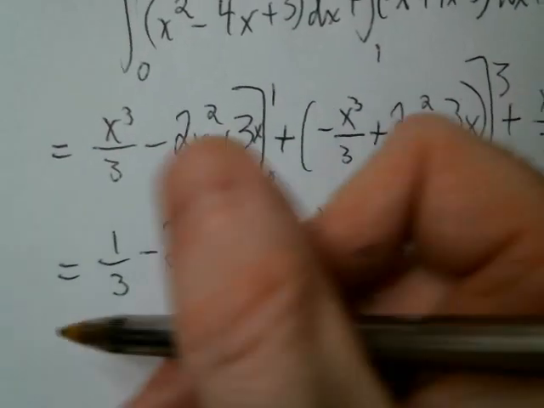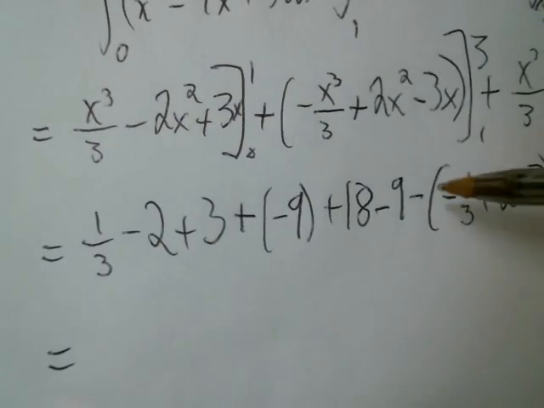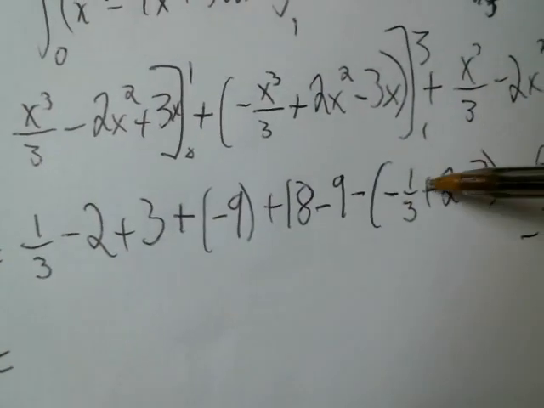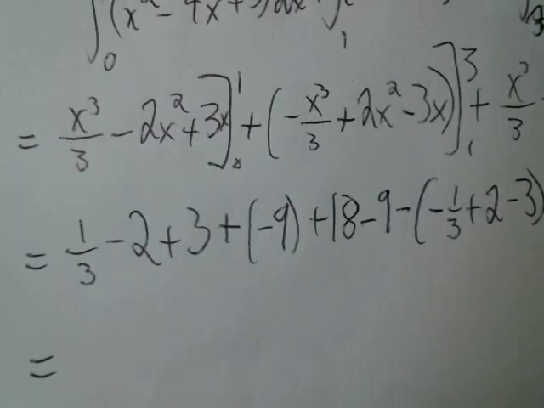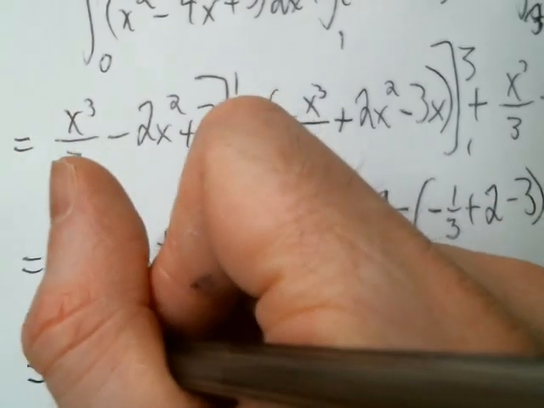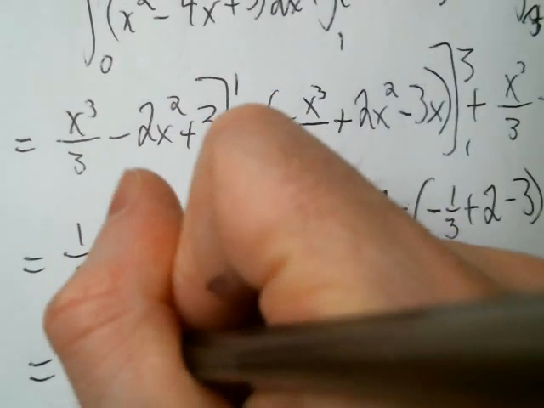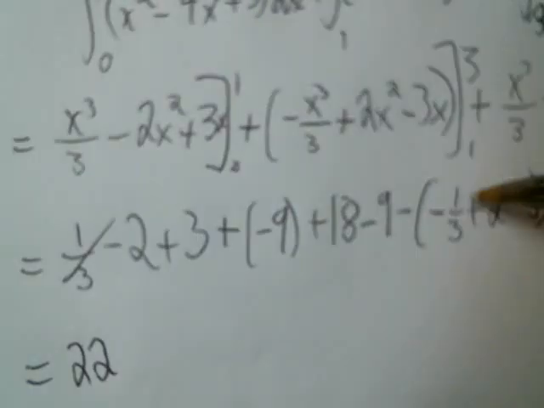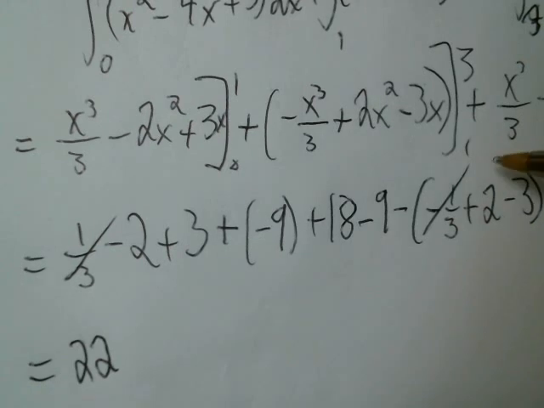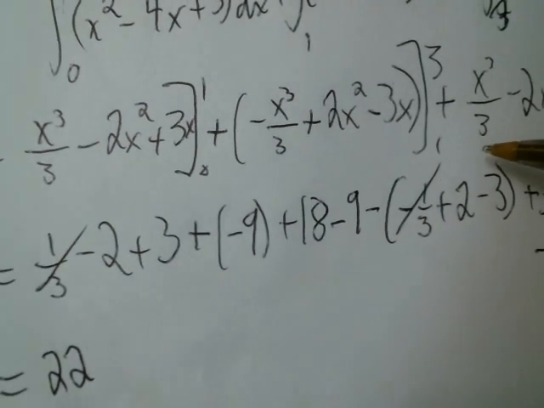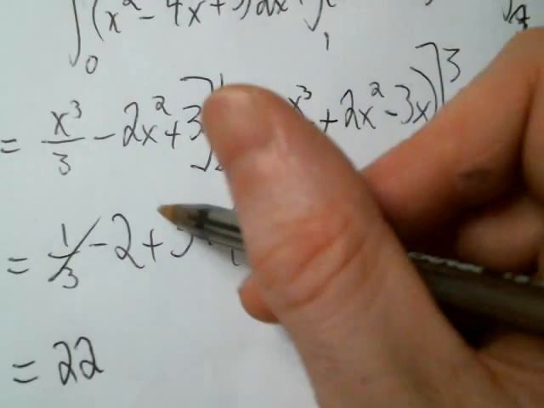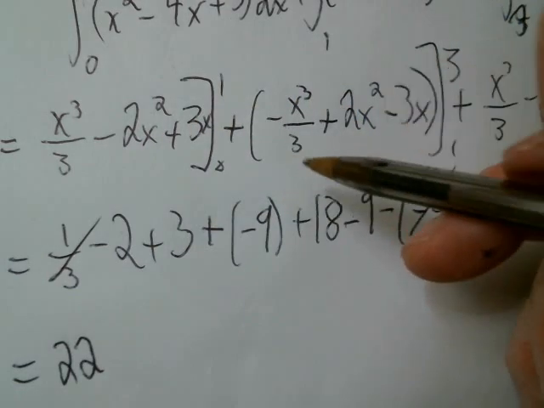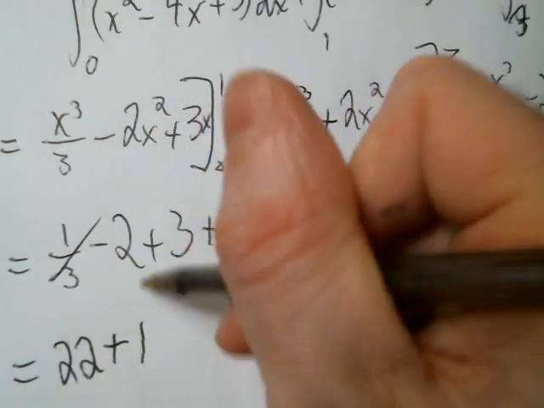Right, I'm just looking for cancellations. I don't see anything nice. But I'll add up the thirds first. So there's 1/3 there, 2/3 from there, so 66/3, which is the same as 22. So those are gone, and then all I have are integer values. So 3 plus negative 2 is positive 1, and then plus 1.